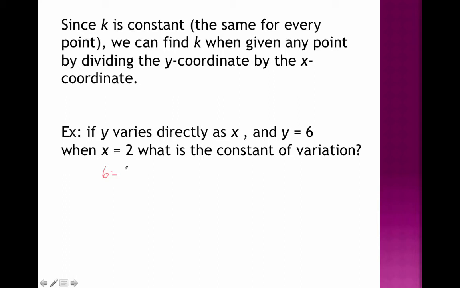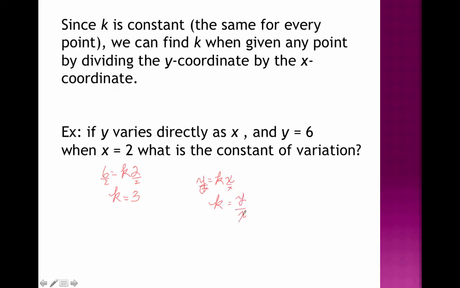Y equals some constant of variation times 2, therefore, dividing both sides by 2, my k equals 3. I can also rewrite the equation y equals kx, solving for k by dividing both sides by x, so I would have k equals y over x.